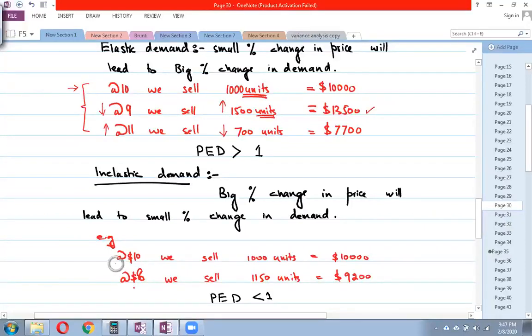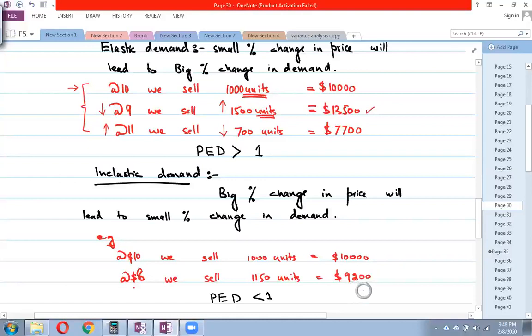So for example, at $10, if you sell a product, we can sell 1,000 units. If you reduce the price from $10 to $8, which is a very big reduction in the price, we can sell more units, but it's not that high, right? So what will be the impact on revenue?